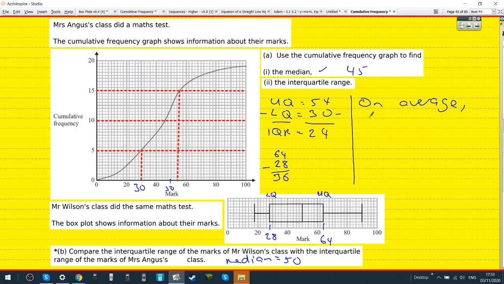What about how spread out the marks were? How spread out the results were? The interquartile range up here was 24. Yeah, but his results were more spread out.